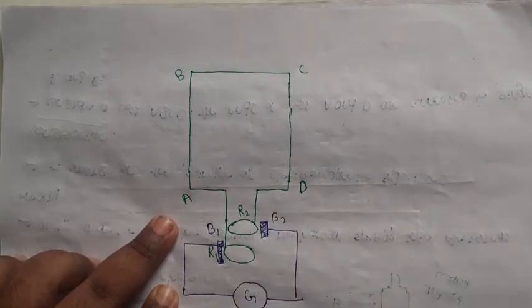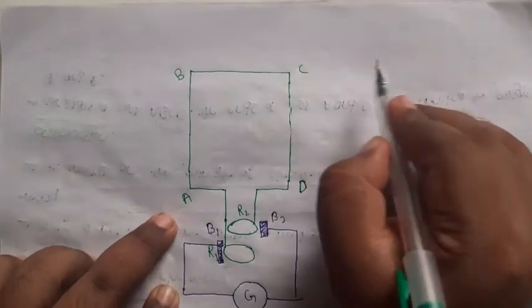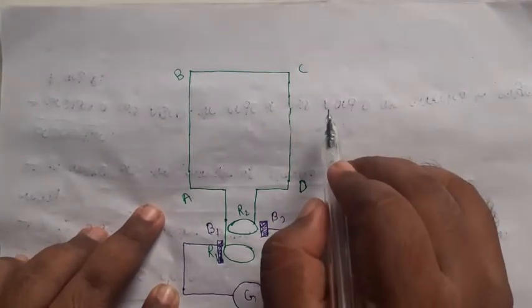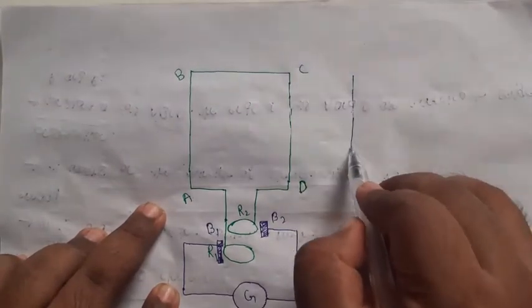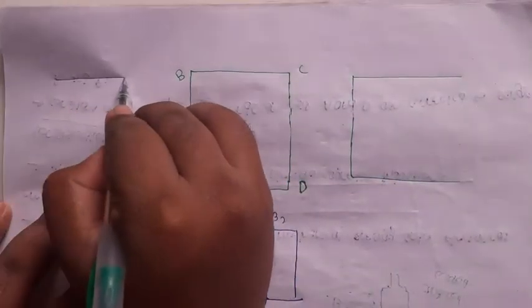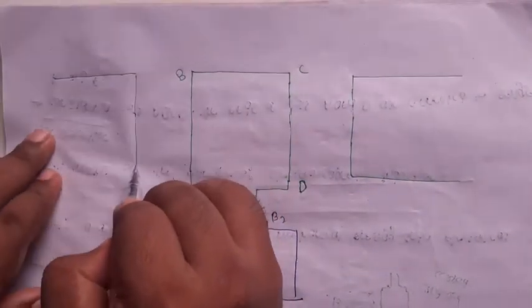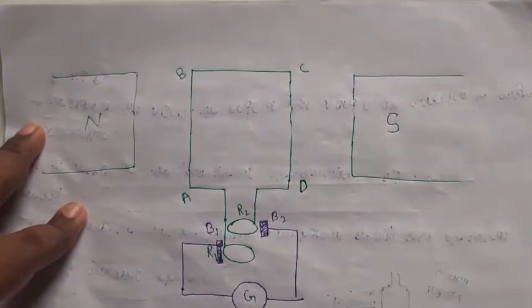Now this whole coil is placed in an external magnetic field having two poles, north pole and south pole.